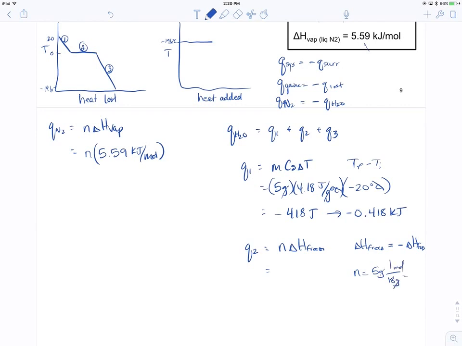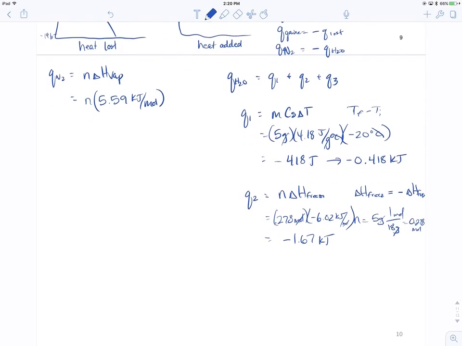We have 0.278 moles of water times negative 6.02 kilojoules per mole. I get negative 1.67 kilojoules of energy to freeze that ice in the grapes.